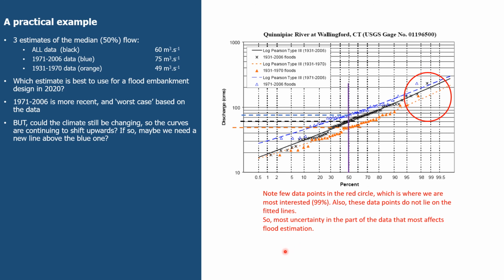A couple of other things that we have to look at, though. There aren't very many data points in the red circle, which is where we're looking at the very rare events. We looked at the 50th percentile here. If we're interested in the 99th percentile, or 1% of worst floods, there really are very few data points, and none of the three highest data points lie very close to the trend lines.